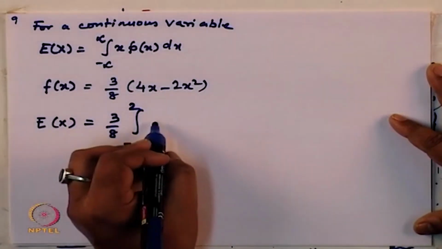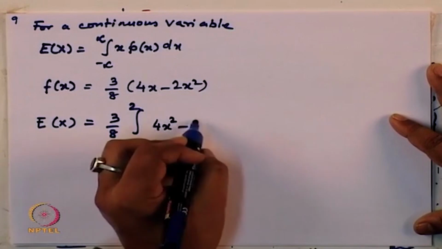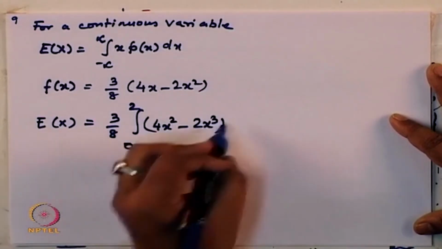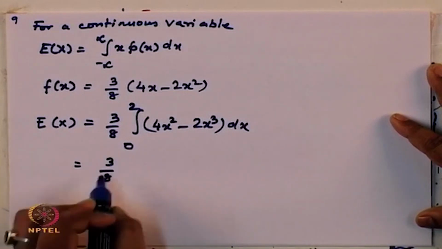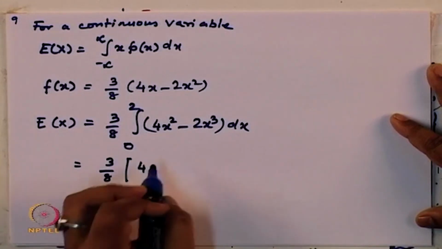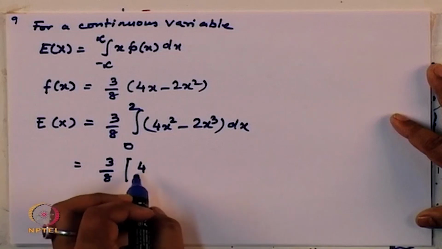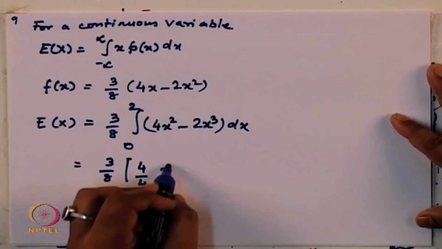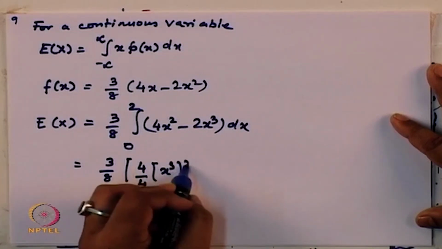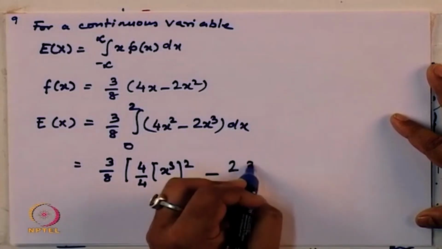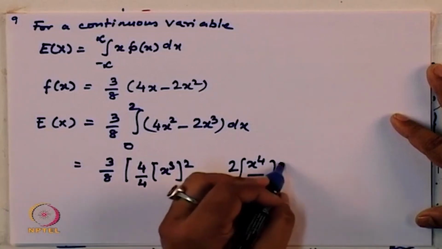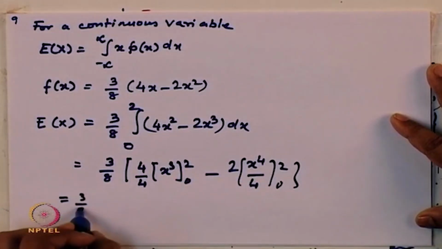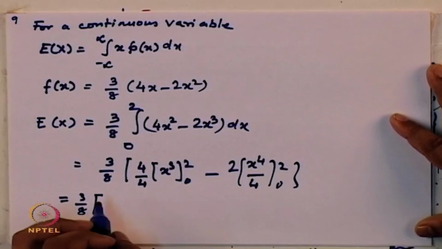So, you have 4x square minus 2x cubed into dx, equal to 3 by 8, 4 x cubed by 3 from 0 to 2 minus 2 x fourth by 4 from 0 to 2. Am I doing the right thing? x cubed by 3, sorry, 4 by 3.